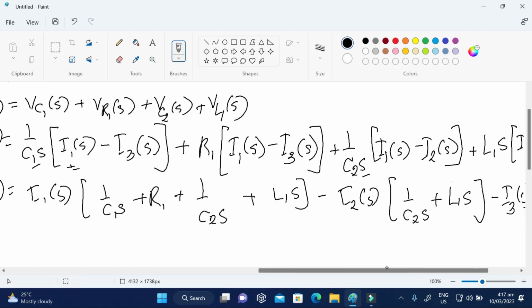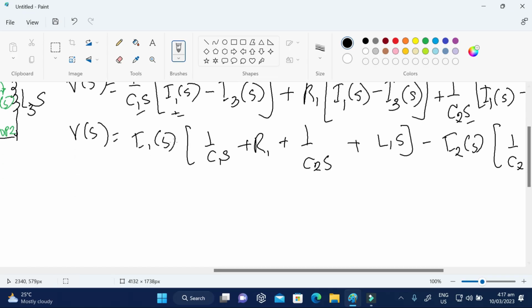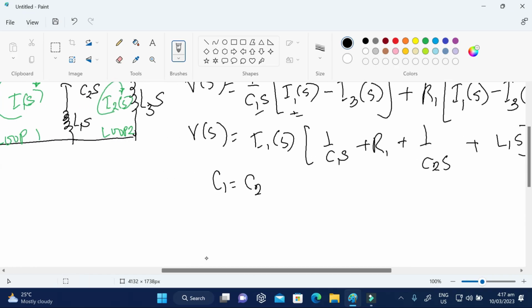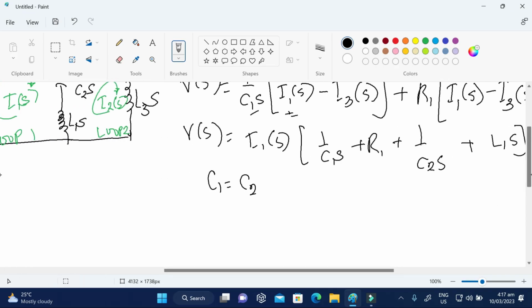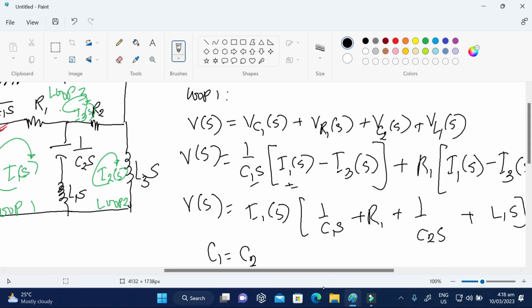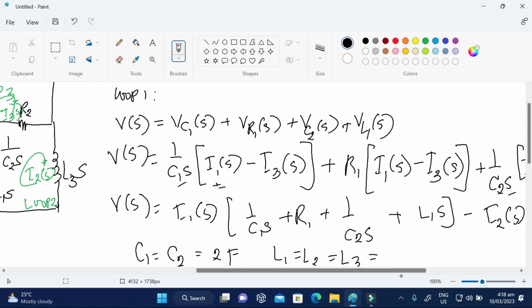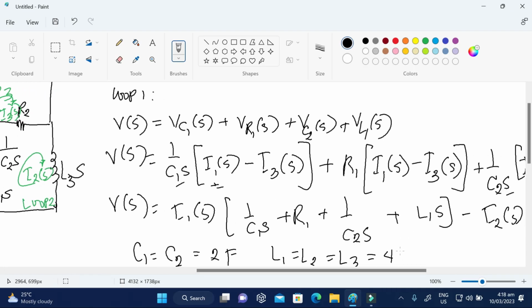If we have values for all of the components, suppose C1 equals C2 equals 2 farads. L1 equals L2 equals L3, let us have this as 4 henry.